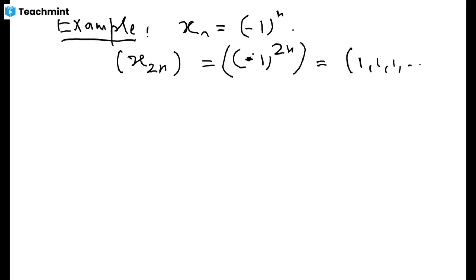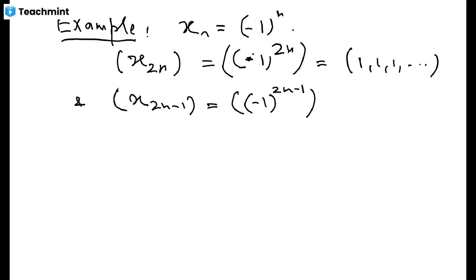And the other subsequence I'm going to take of this sequence is x_{2n-1}. This is also a subsequence containing only the terms which are at odd positions. It is (-1)^{2n-1}, and the power being an odd number means you have only the constant sequence -1 and so on. So you see both these subsequences are constant subsequences, and constant sequences are always convergent.